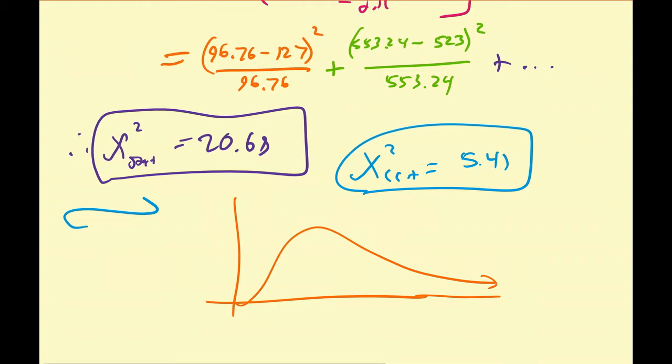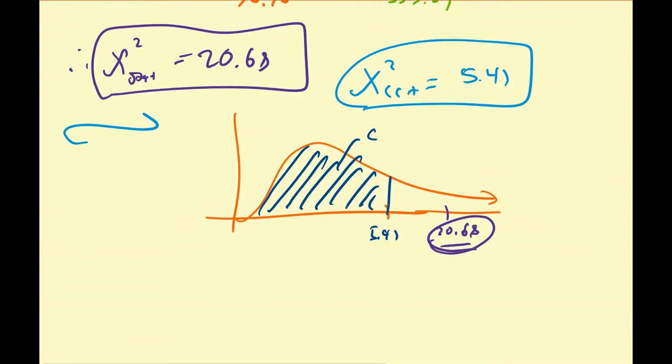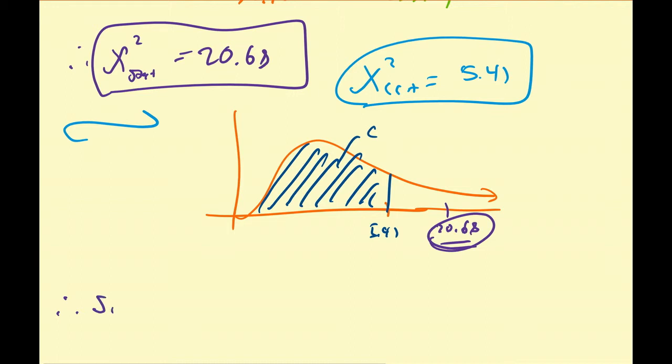Since the chi-square stat value, our test statistic, is larger than our critical value, we reject the null hypothesis, that is, we reject the claim that x and y are independent. So what does that mean in terms of this test? It means we have evidence to support that there is an association or relationship.